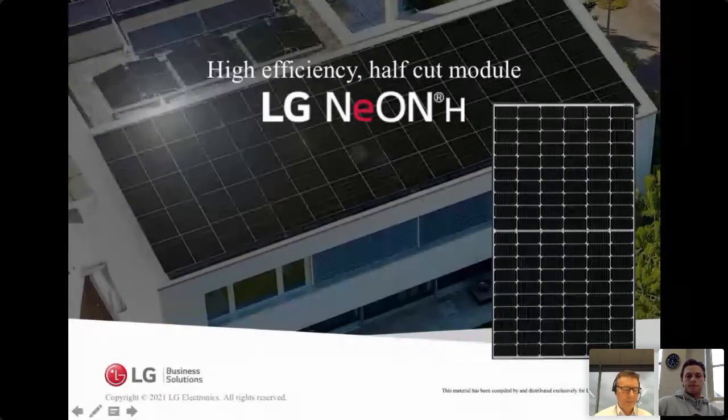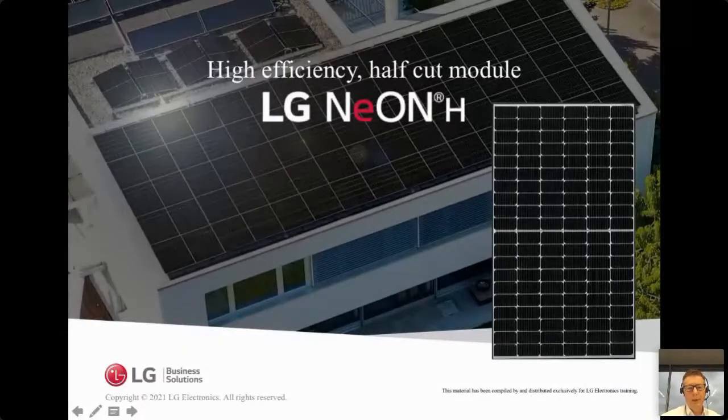That's fine. So I guess we've gone through the NeON bifacial. There's a bifacial in the small format and large format. Very popular from an architectural point of view, from carports. It probably is more of a niche product, but with the N-type, obviously you have that bifaciality characteristic, so it lends itself quite well.